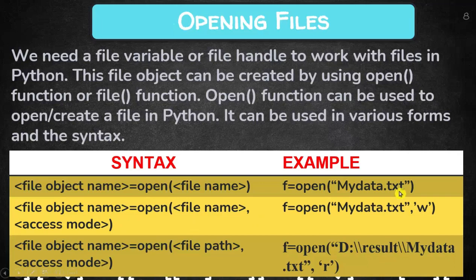Now if I do not mention any access mode, then by default the mode is read mode. If I want to open a file in read mode, I do not need to give the access mode. But here I have opened the file in write mode, so that's why I need to mention the access mode in that case.